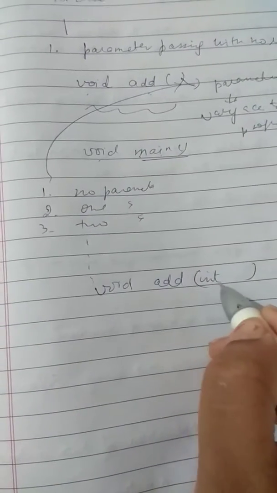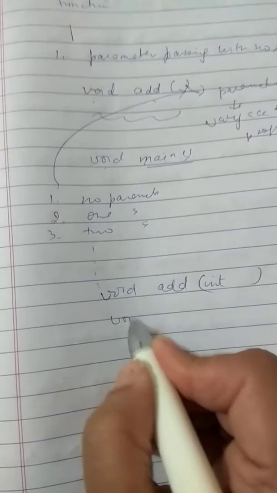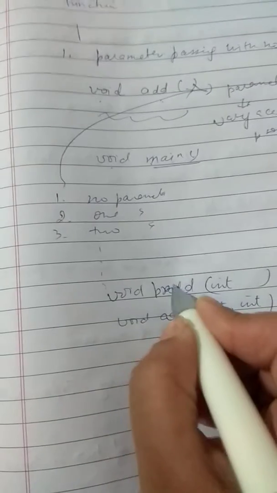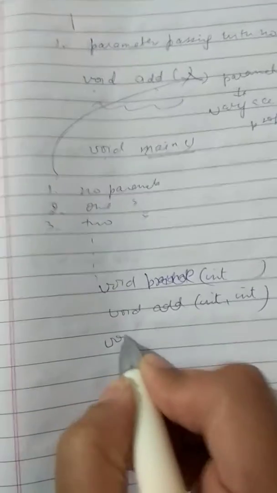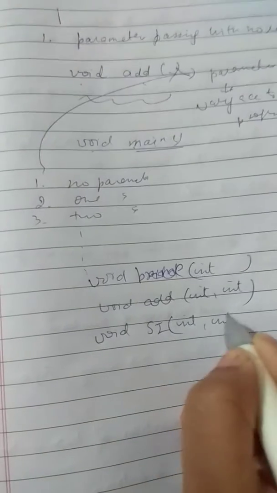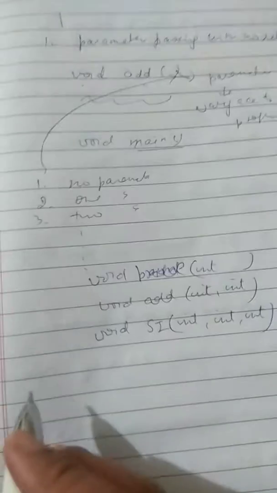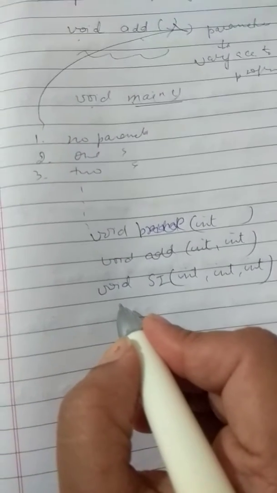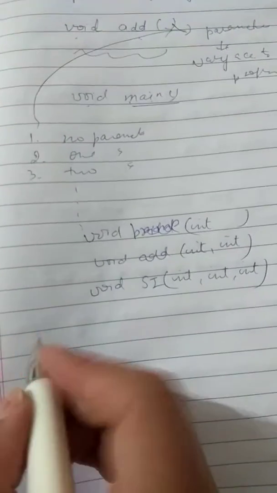If you have one variable, one data type; if you have two variables, you write int comma int. In your prime case, one variable. You can have void simple interest; you need three variables, so three data types, and so on. Got it?